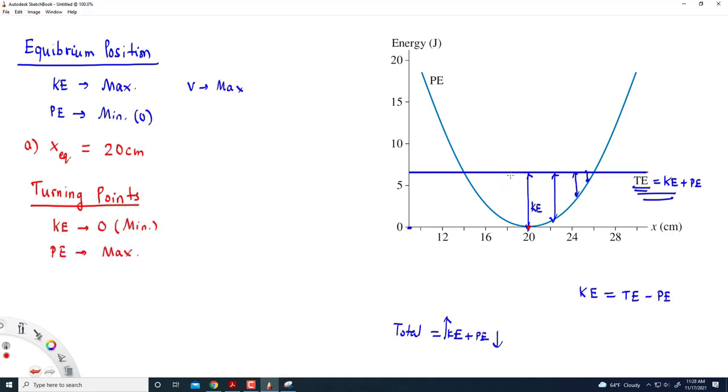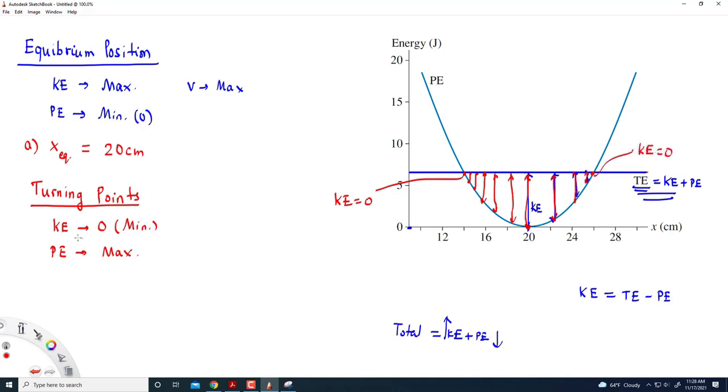So you see this line is kinetic energy. As it's moving to the left, it's decreasing, decreasing, and at this point kinetic energy is 0. Same thing on this side. That's the kinetic energy difference between total and potential. That's the kinetic energy decreasing, and at this point kinetic energy is 0.